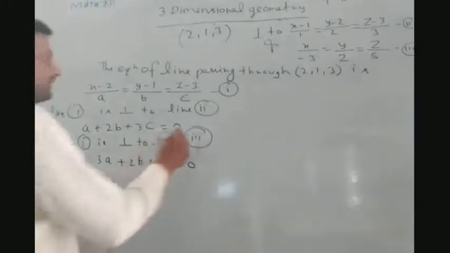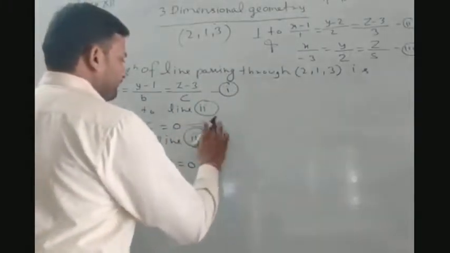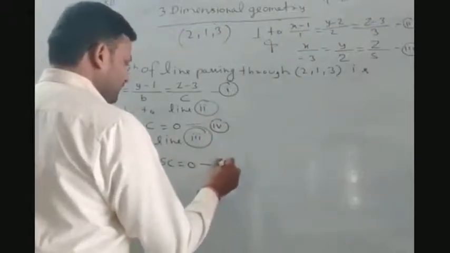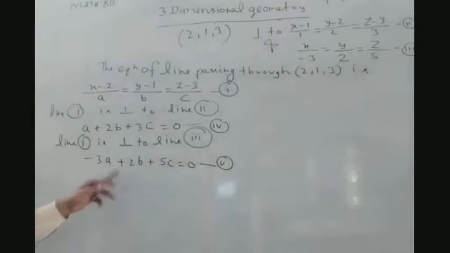Now this is equation number 4, and this is equation number 5. Now we will solve these two equations, 4 and 5, and we will find the values of a, b and c.